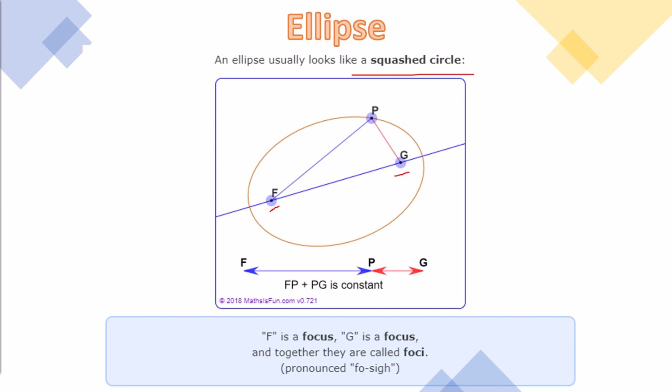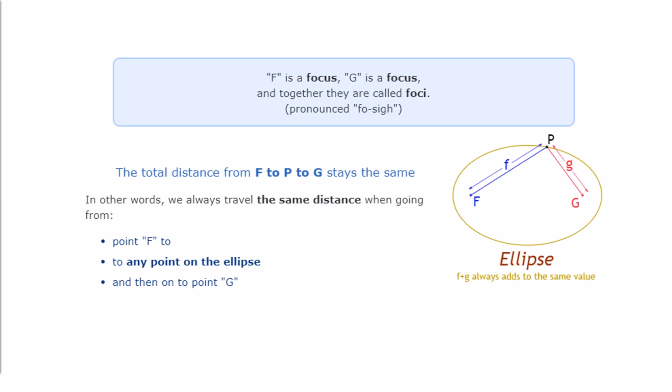The foci of an ellipse are going to be inside of the ellipse. For any point on the ellipse, we'll call this point P, the distance from F to P plus the distance from G to P is always going to stay the same, no matter where you pick a point on the ellipse.